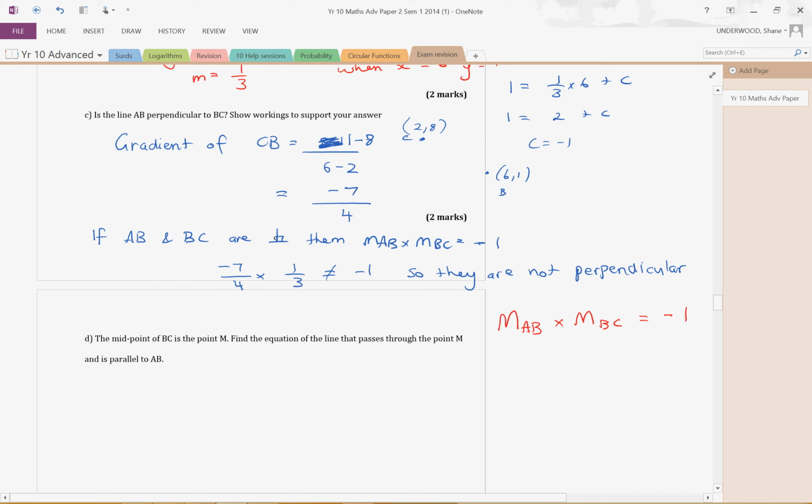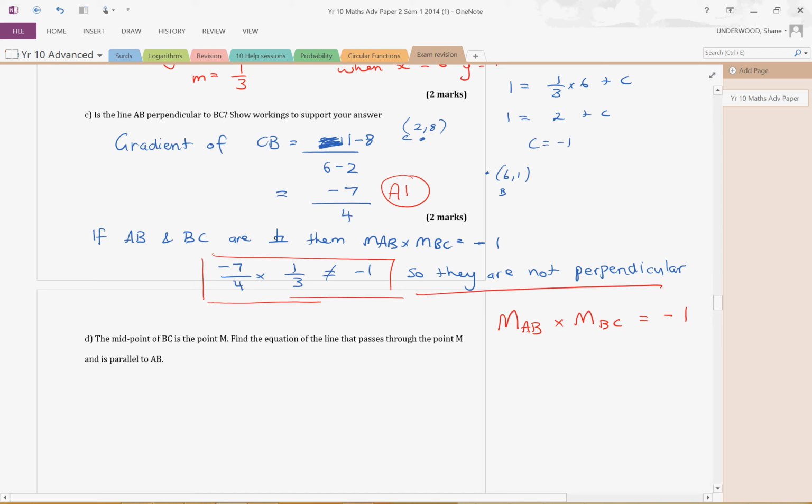So I've found the gradient of CB, which would give me a mark, and then I needed to multiply the gradients. We've found the gradient in part B, so I've multiplied those gradients and shown that there's no way they can equal -1. So therefore they are not perpendicular.